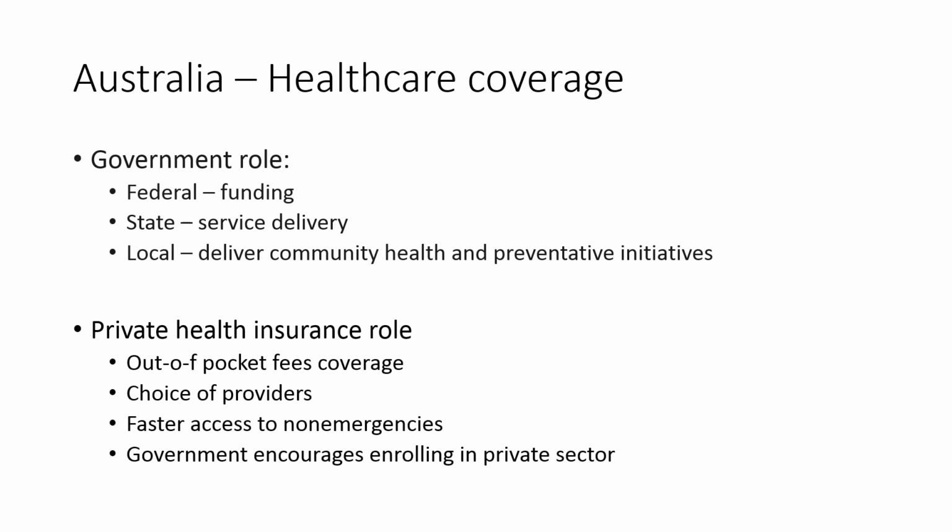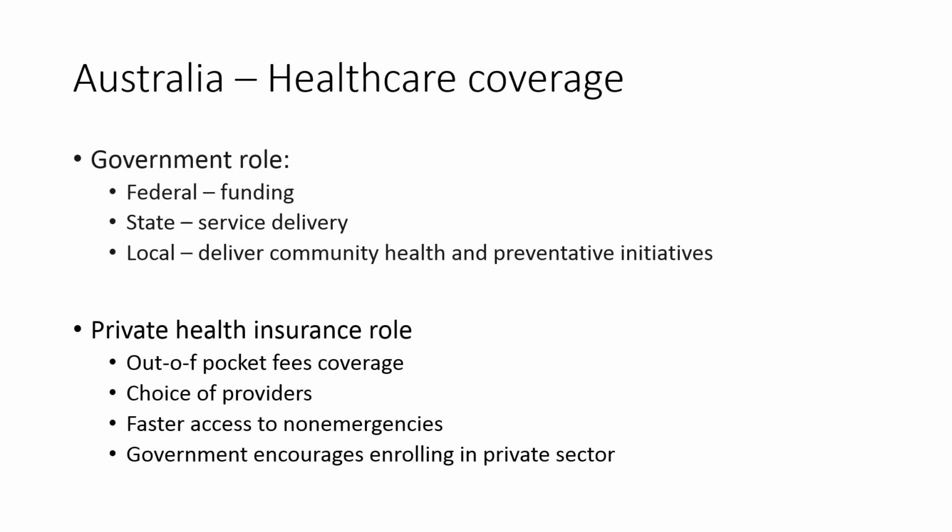The government role, how does the government role? So like I was talking about, you have three levels of government, which are federal, state, and local. The federal will provide funding to support the inpatient and outpatient care and other services, mainly through the Medical Benefits Scheme, which is MBS, and for outpatient prescriptions, you have the Pharmaceutical Benefits Scheme.